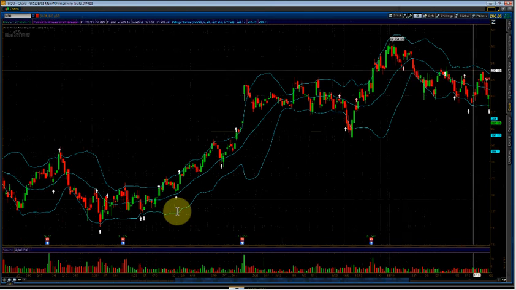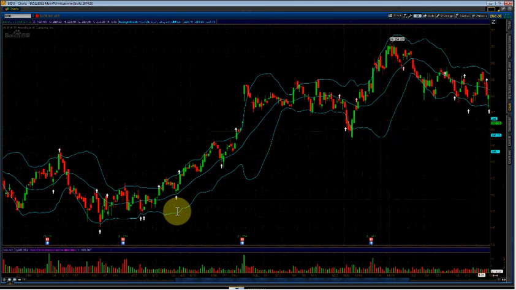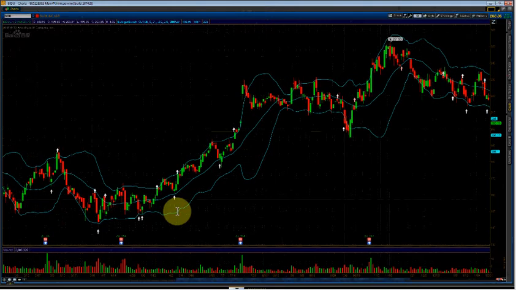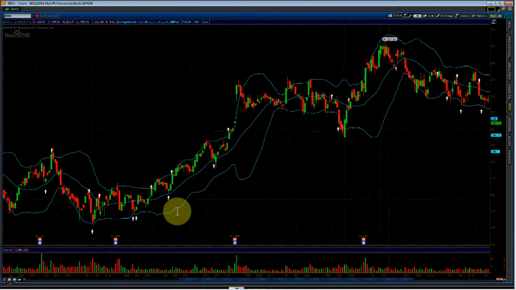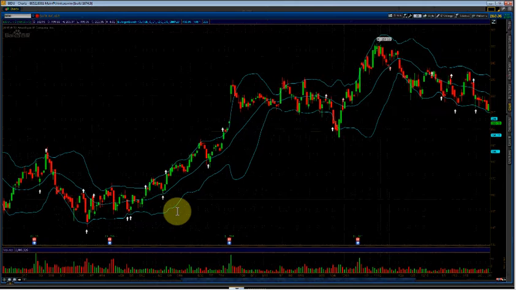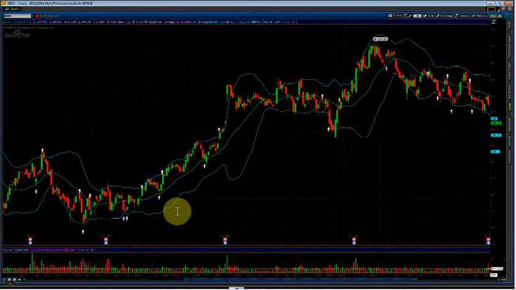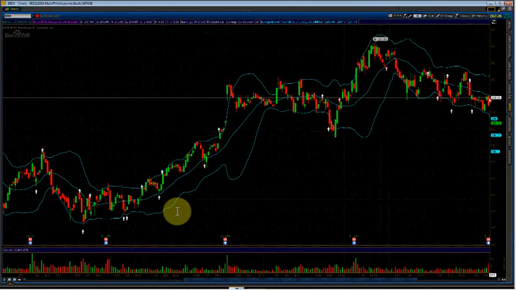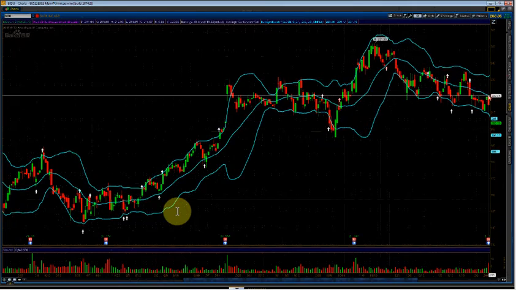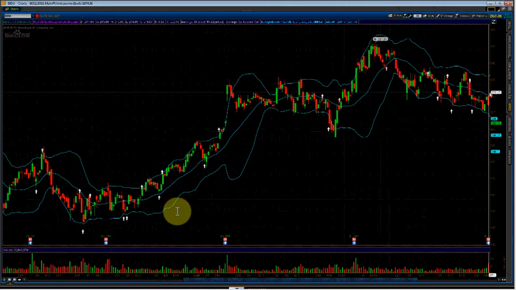Is it looking like we're still consistent? Would I have had a puts buy right here? Absolutely.